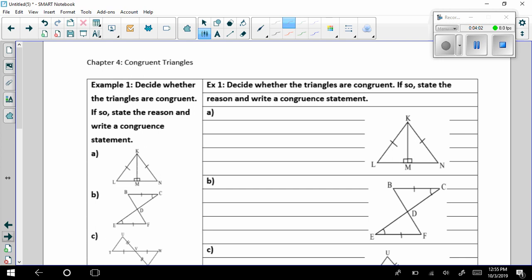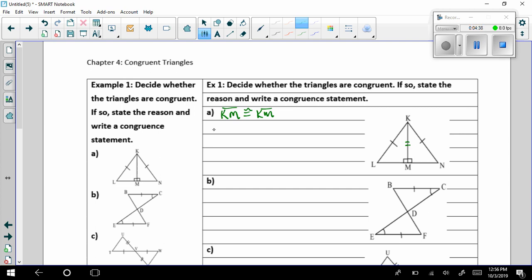So let's try a couple problems with those. So decide whether they're congruent. We're going to assume until we prove it that they're not for these. So the theorems that we did in like 4.2, we can now actually determine if they are congruent or not. And then write the statement. So you have to look, do you have enough information? So we're going to combine all five of them, but for right now we're just looking for HL. So remember your reflexive property, KM is congruent to itself, so we know that KM is congruent to KM by reflexive property.